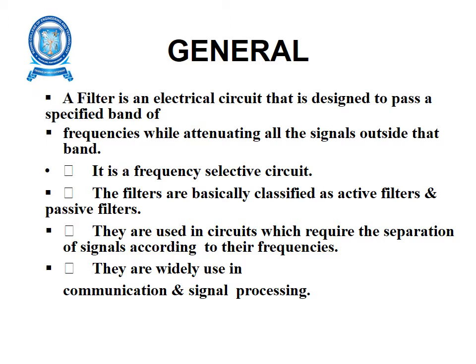Similarly, in case of low pass, it will pass the low frequency signal. So it will pass the input signal within the specified band of frequencies while attenuating all the signals outside that particular band. That is the common definition of a filter.